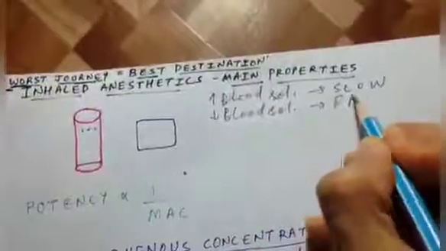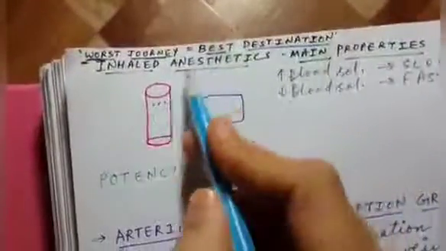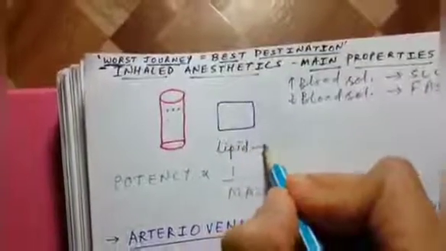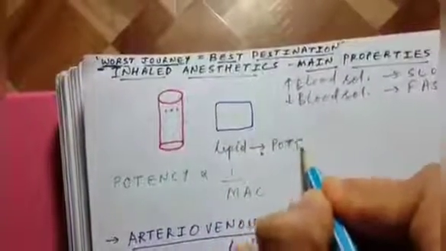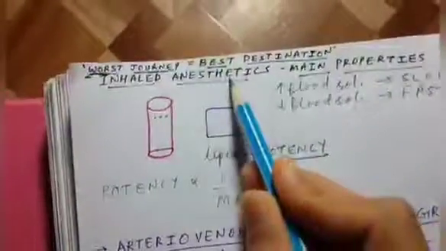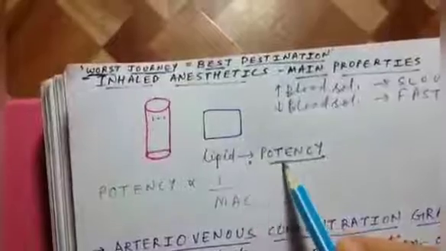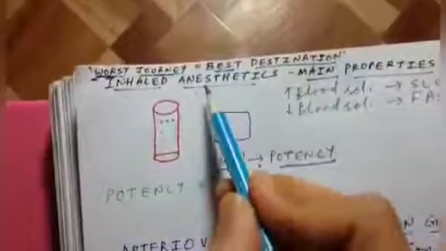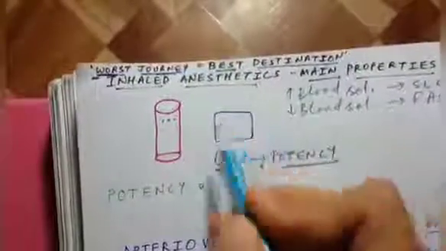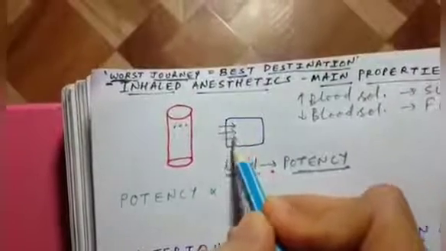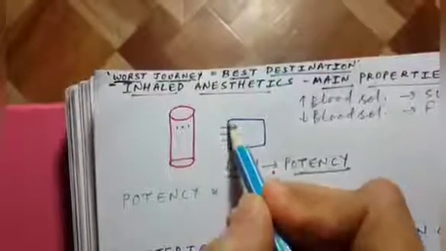Now the solubility of inhaled anesthetic in lipid determines the potency. What do I mean by that? See, potency means either the anesthetic is strong or the anesthetic is mild, determined by its solubility in the lipid. If the anesthetic is more lipid soluble, then it will quickly cross the cell membranes, because the cell membrane contains lipid.